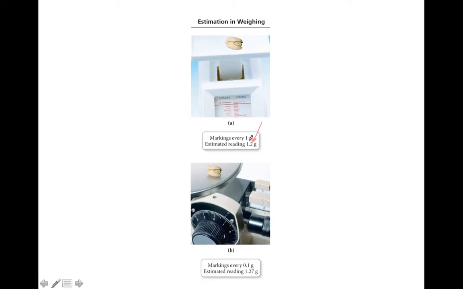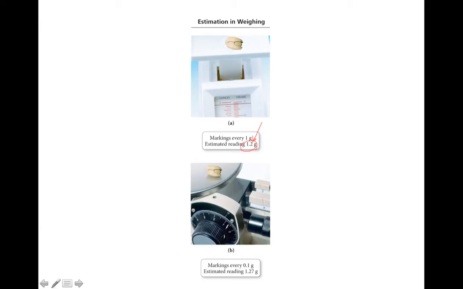So if it's measured every 1 gram and it looks like it's about a fifth of the way between 1 and 2, about a fifth of the way to the 2, right? Can you see there's 0, there's 1, there's 2, and the person reading this says, oh, I don't know, that's about a fifth of the way, so I'm going to call that 1.2. And that's how you report this measurement right here.